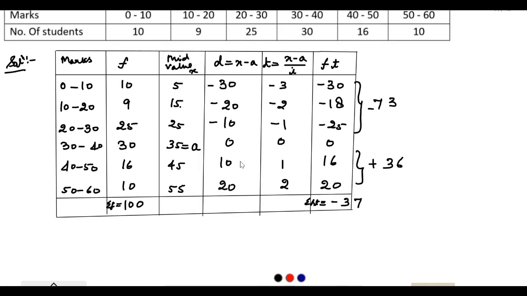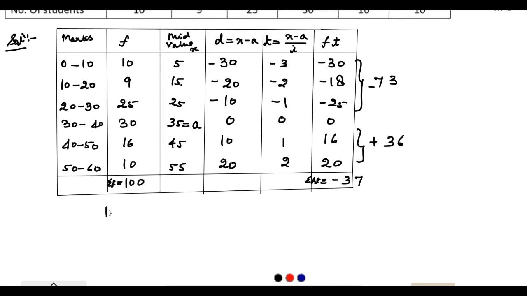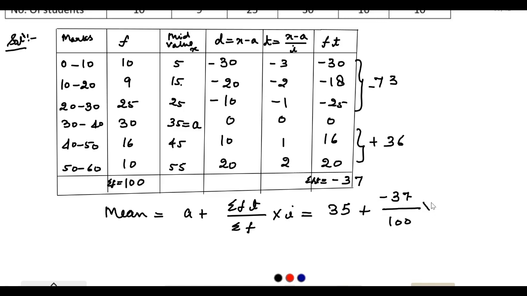Now apply the formula for the mean: mean is equal to A plus summation ft upon summation f into i. Put the values. A, the assumed mean, is 35, summation ft is minus 37, summation f is 100 and i is 10. 31.5 is the accurate mean.